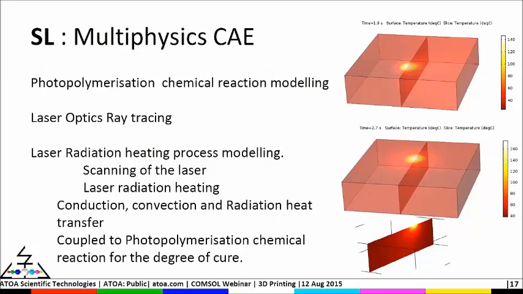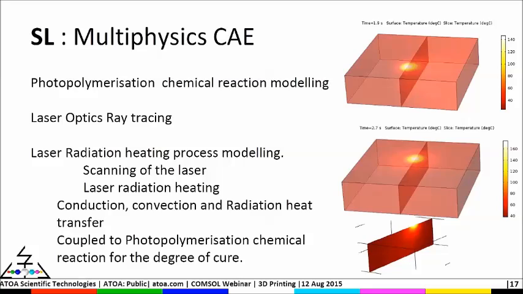On the right-hand side, what you see is the radiation heating process model simulation results for a typical photopolymer for a given thickness. The scanning of the laser, the way the laser moves, is also modeled using analytical functions, and the radiation exposure based heat transfer is modeled along with conduction, convection, and radiation heat transfer.